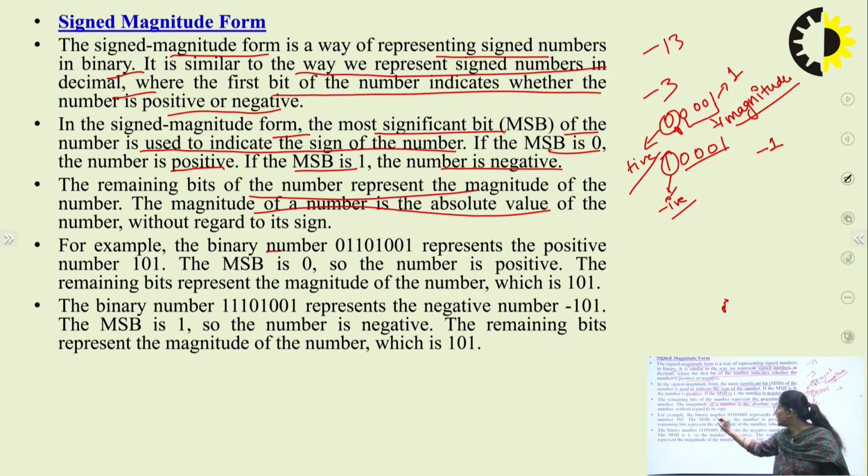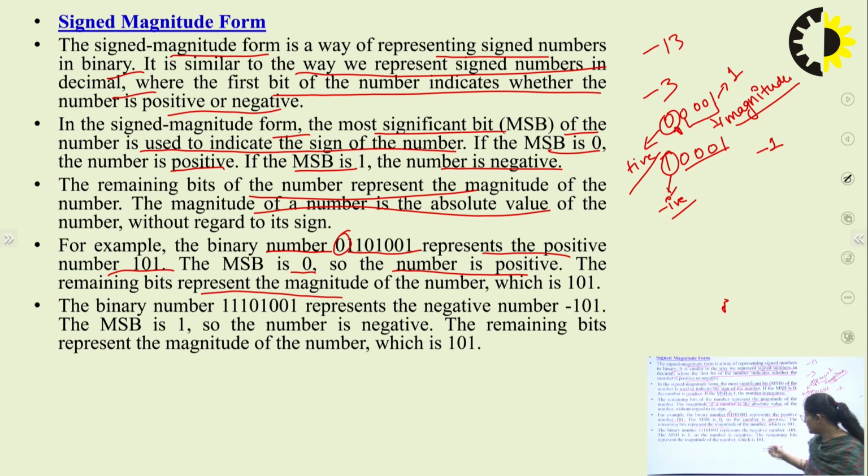For example, the binary number 0, 1, 1, 0, 1, 0, 0, 1 represents the positive number, that is 101. Why is it positive? Because the MSB is 0. So this number is positive here. The remaining bits represent the magnitude.